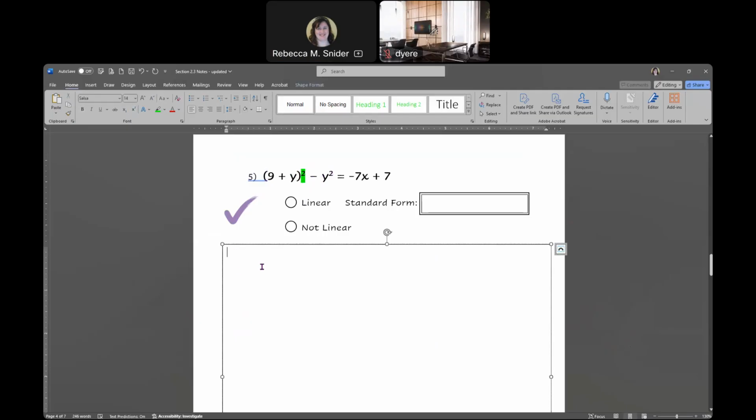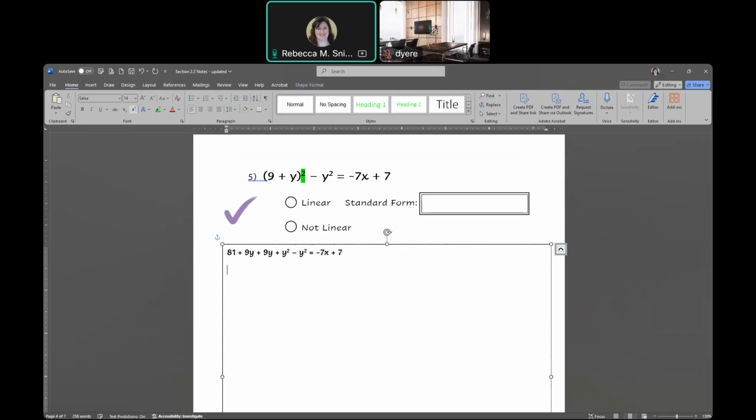So here you would have 9 times 9, which is 81, plus a 9y, plus a 9y, plus the y squared. Then we have minus the y squared. And this is going to equal negative 7x plus the 7.